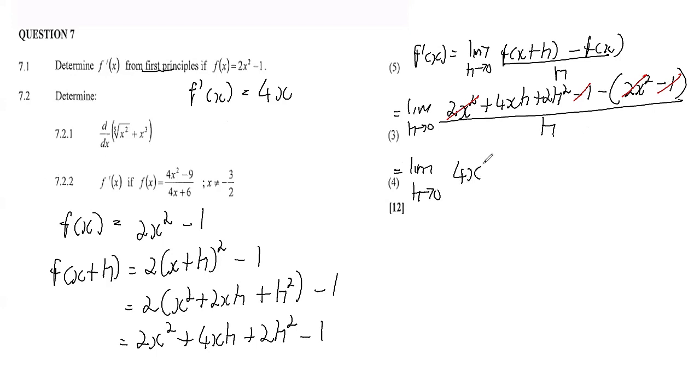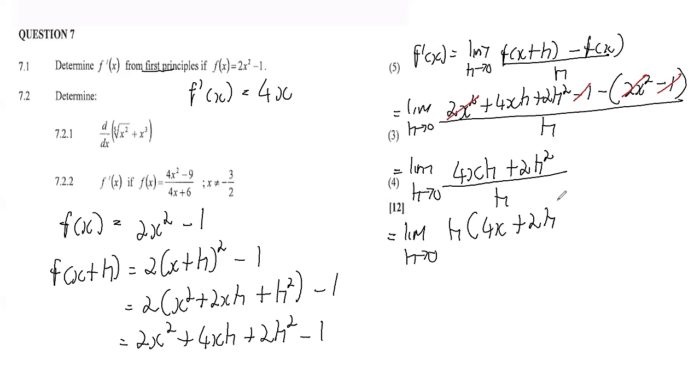We have 4xh plus 2h squared over h. At this point, looking at the two terms, we can see there is a common factor of h. So we factor out that h. We have h times (4x plus 2h) over h.